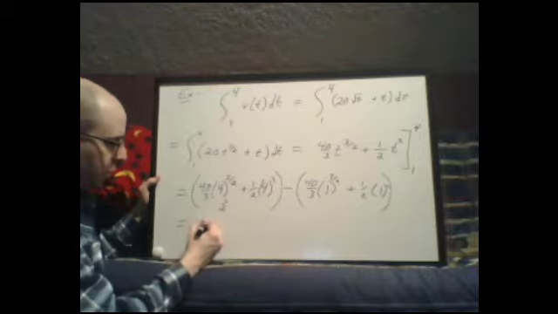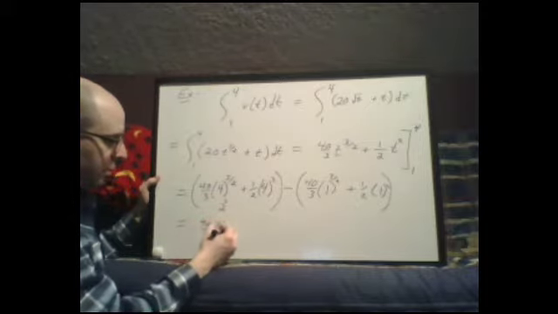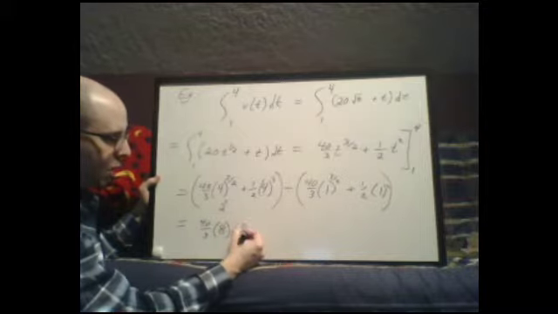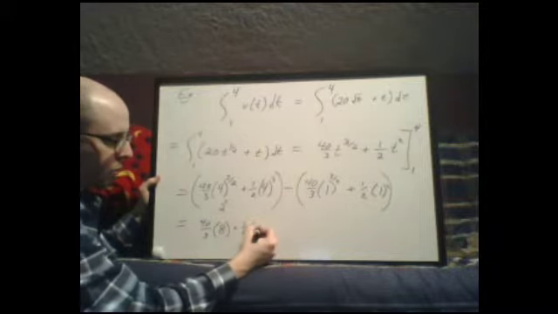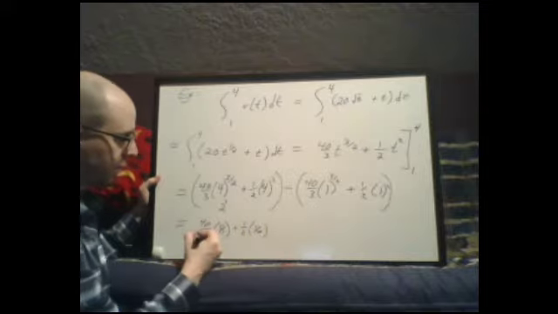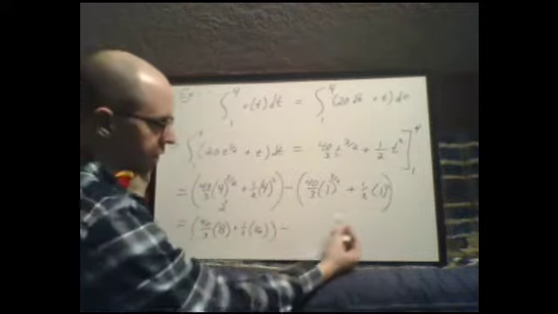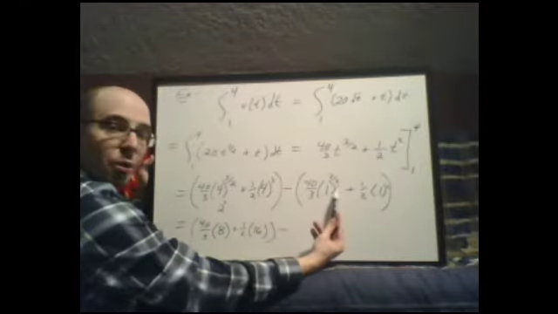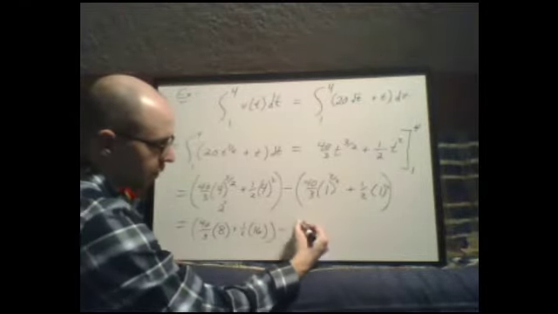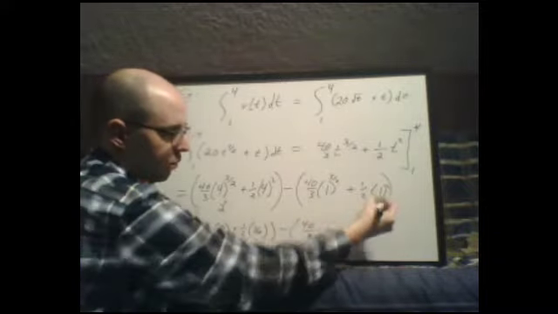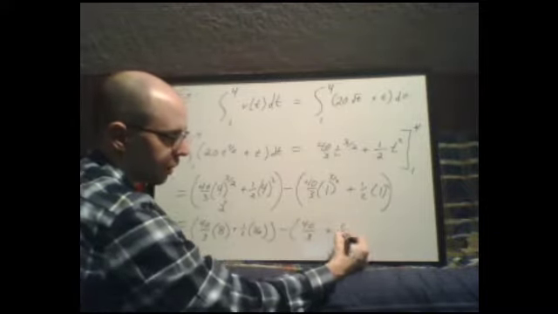So I'll have 40 over 3 times 8 plus 1/2 times 4 squared. 4 squared is 16. This one's easier. 1 to any power is 1, so this will be 40 over 3 times 1. 1 squared is 1, so we have plus 1/2.